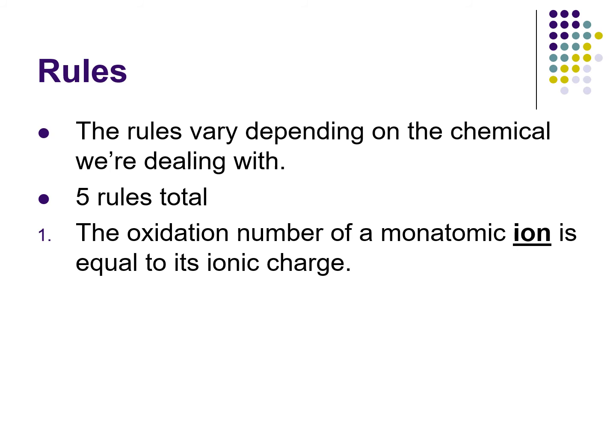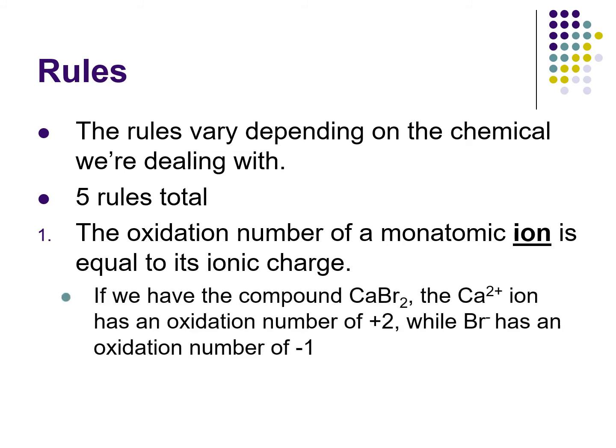So if we see an ion and it has a charge, that's its oxidation number. So if I have this compound here, calcium bromide, the calcium is a 2+ charge. The bromide has a -1 because that's its charge. So then the calcium ion has an oxidation number of 2+, while the bromide ion has an oxidation number of 1-. If it's charged, that's its oxidation number.